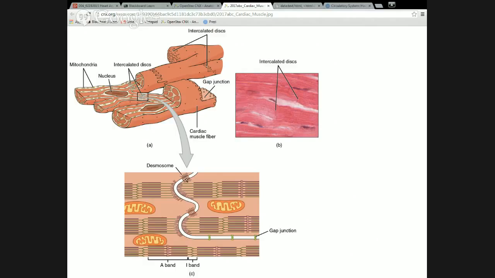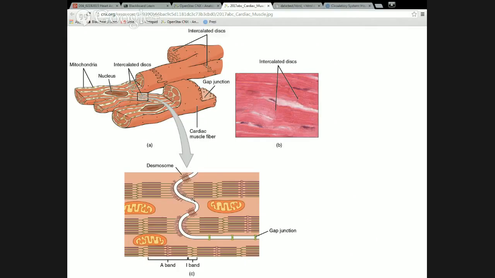So these are just cell adhesion points. There are also going to be some proteins where the myofibrils come to the edge of the cell and attach. Notice that the myofibrils in one cell line up with the myofibrils in the next cell, so that all of the contraction happens in a very linear fashion across the cells.